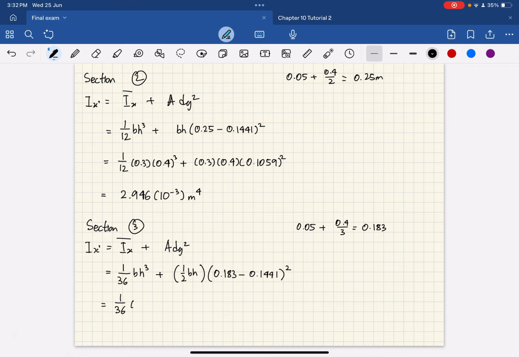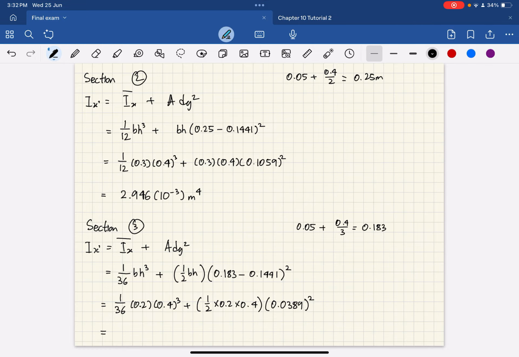So base is 0.2, height is 0.4 cube plus half times 0.2 times 0.4, and this one was 0.183, 0.0389. When you compute it, what should the answer be?